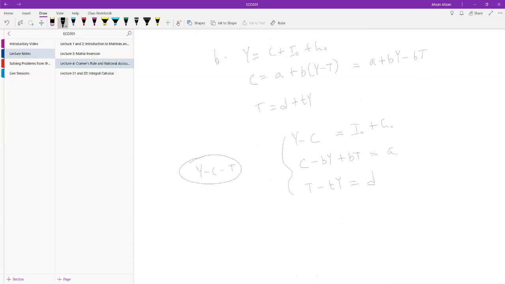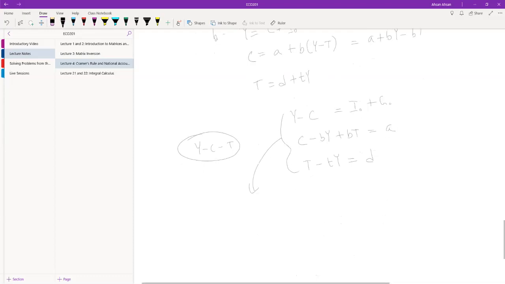Okay, so if I do that, the first equation is fine: Y minus C plus 0t. We do not have a value for t there. The second one becomes by minus C minus bt equals minus a.